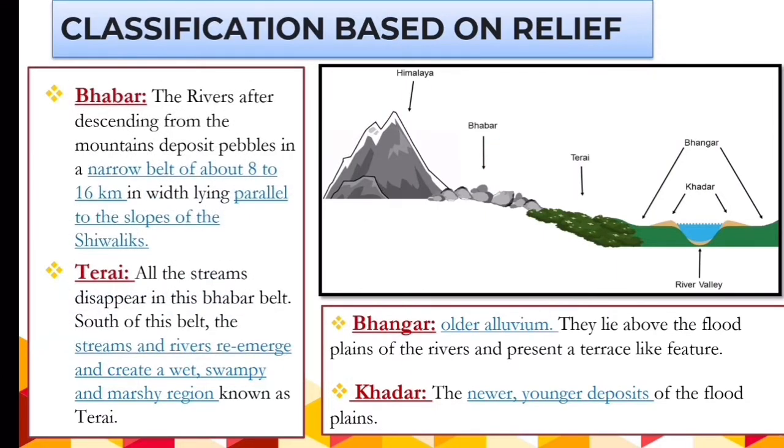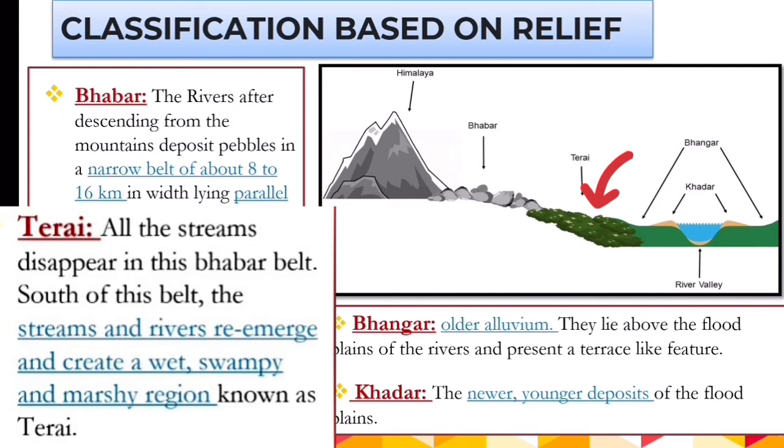When the streams or rivers move from this Babar belt, the streams tend to disappear. Why? Because as you pour water on a mountain or a hill of pebbles, automatically the water will seep down. Similarly, here also, as the streams move from the Babar belt, they tend to disappear.